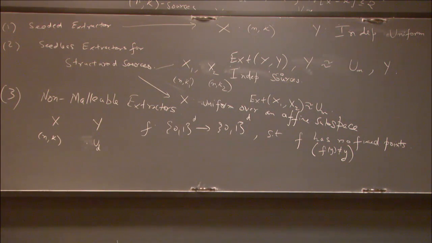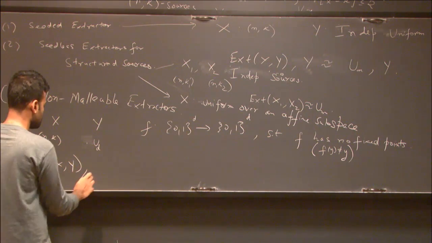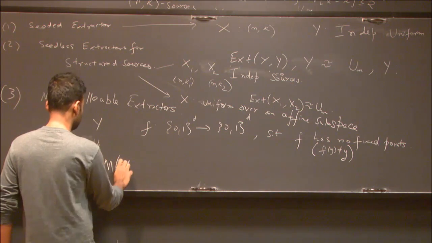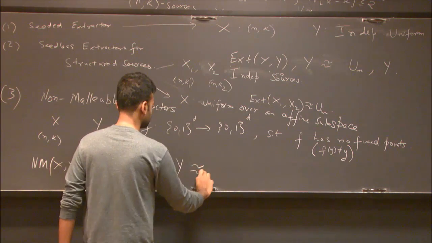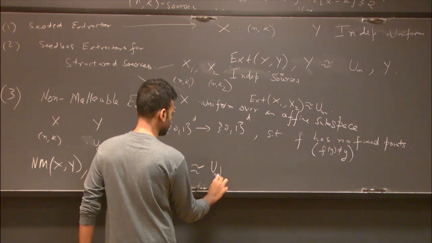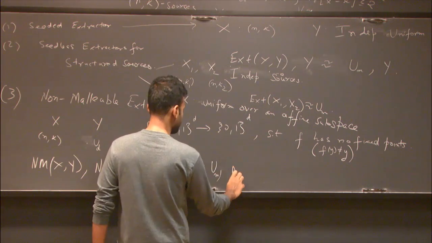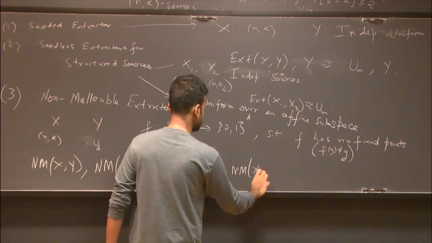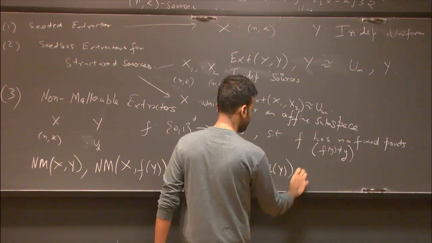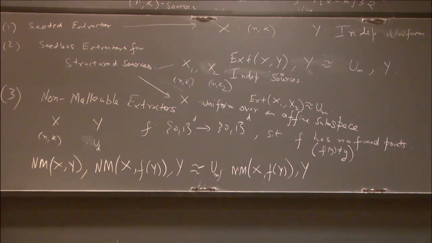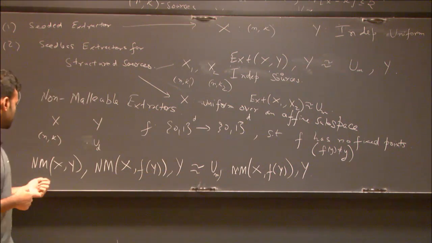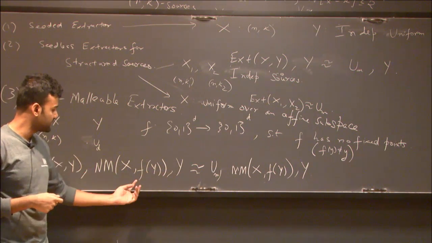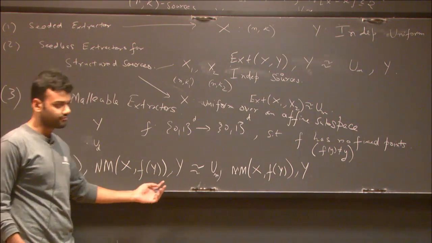And now the guarantee that we want is that the output of the non-malleable extractor looks uniform, even conditioned on the output given on a correlated seed f of y and the seed itself.